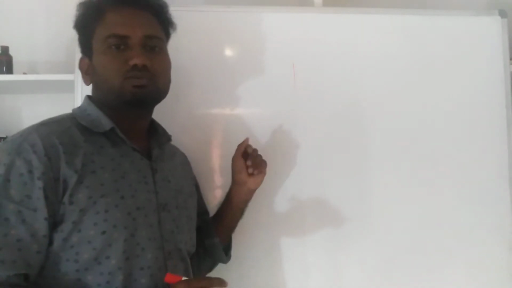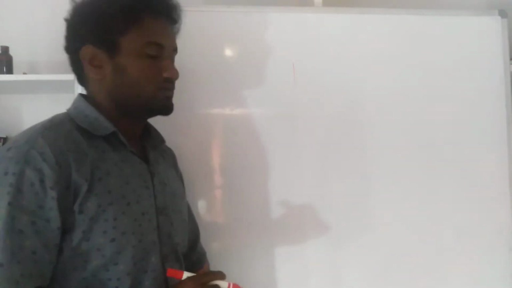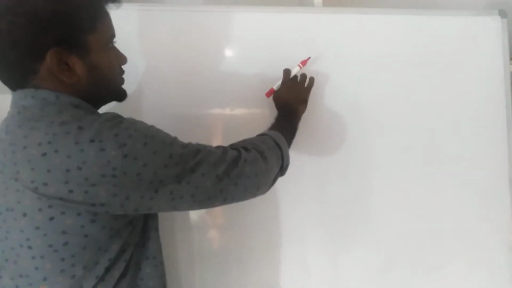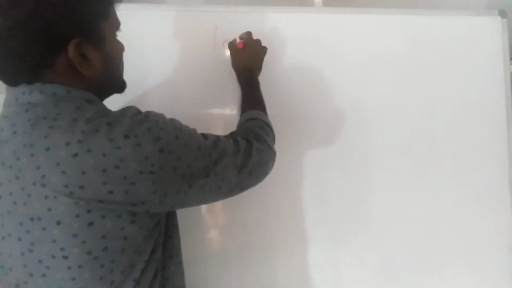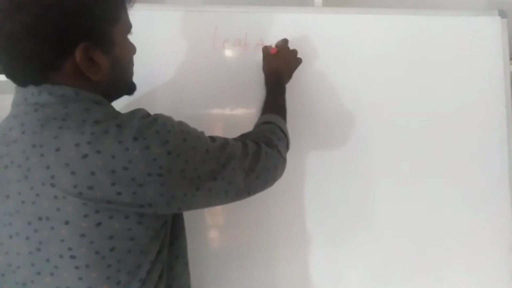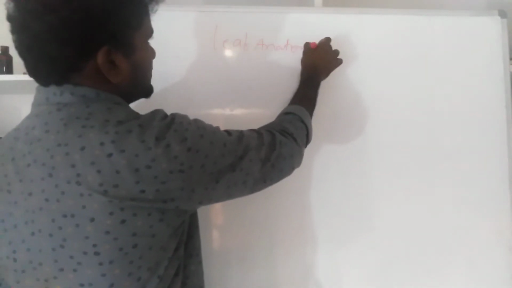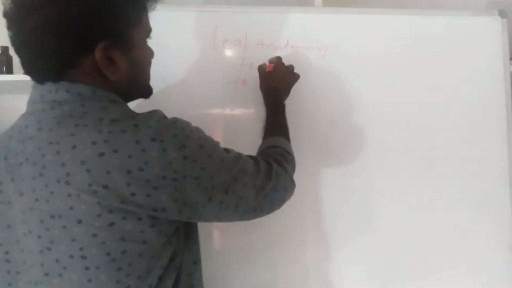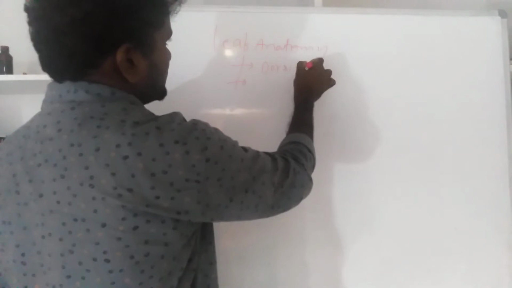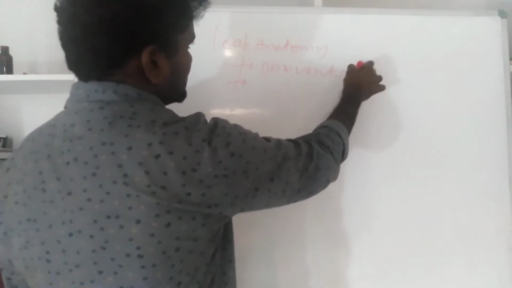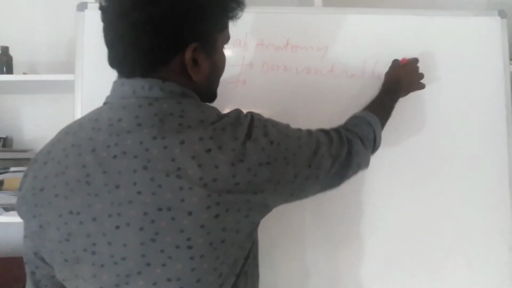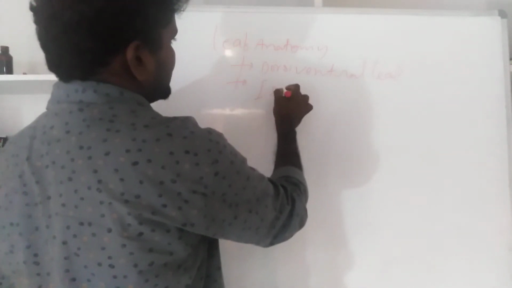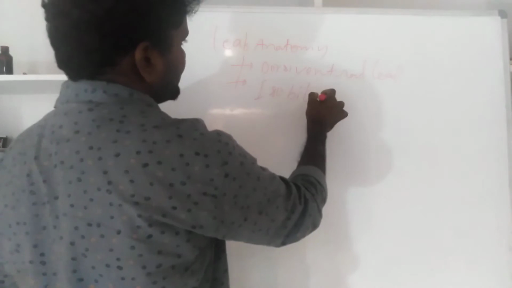In this video, we are going to discuss leaf anatomy. There are two kinds of leaf anatomy: dorsiventral leaf and isobilateral leaf.